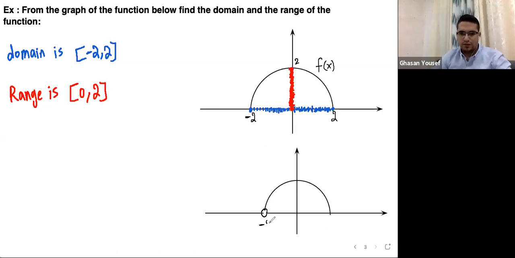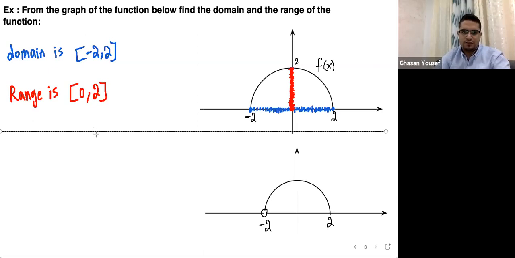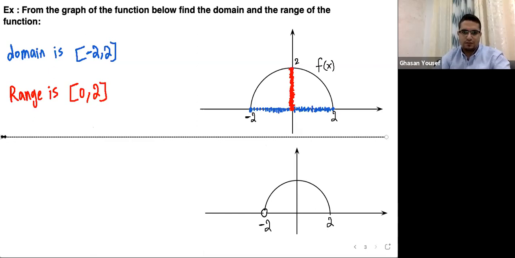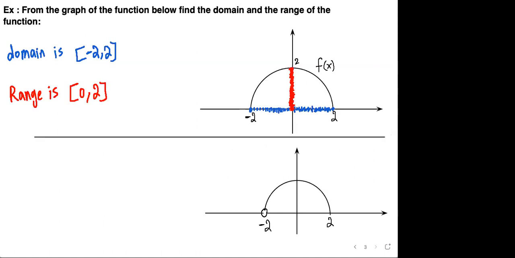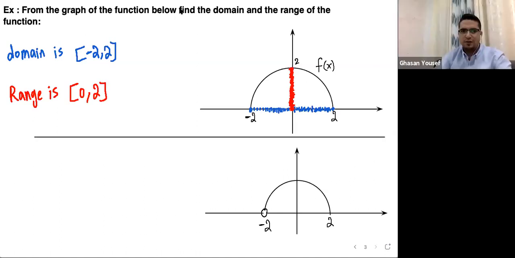And here we have -2 and 2. The question is the same: find the domain and the range. What is the domain? What x values do we use for this function? -2 and 2. Exactly, but is it open or closed at -2?